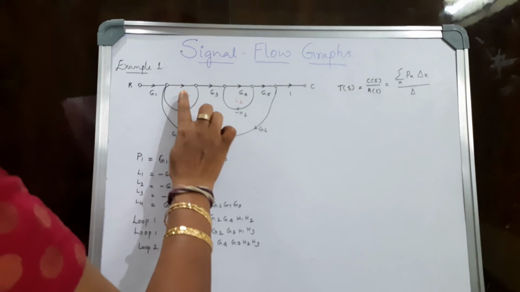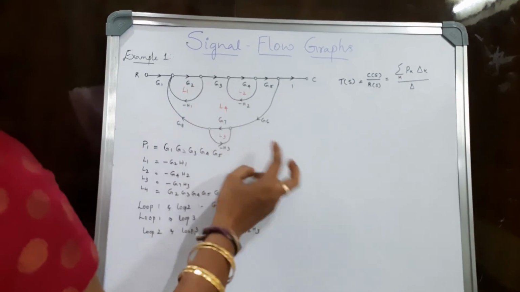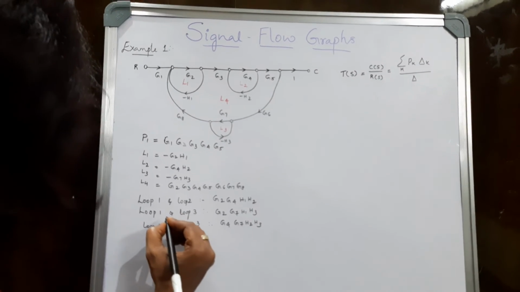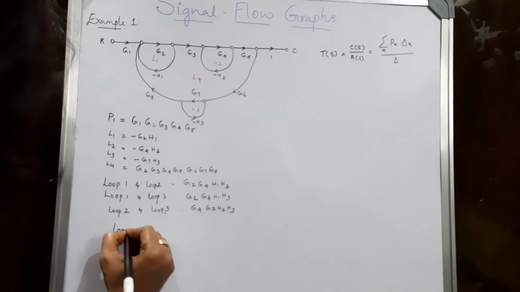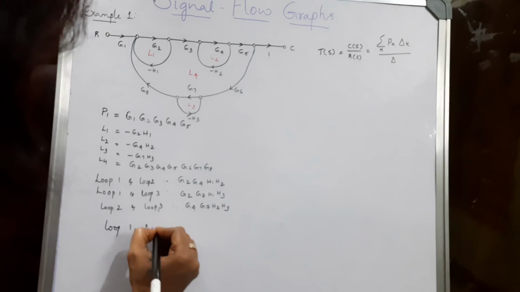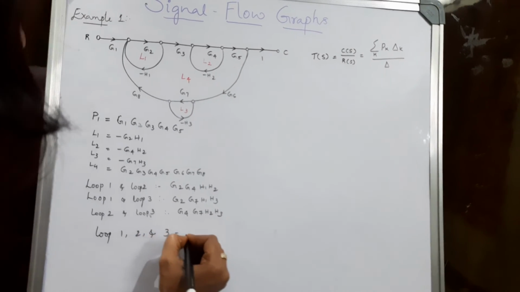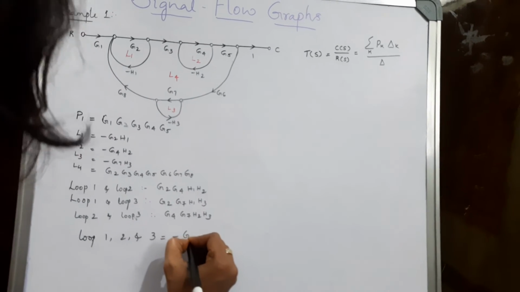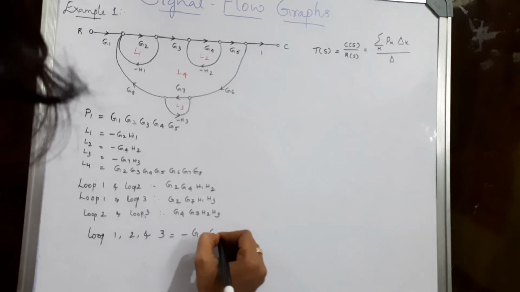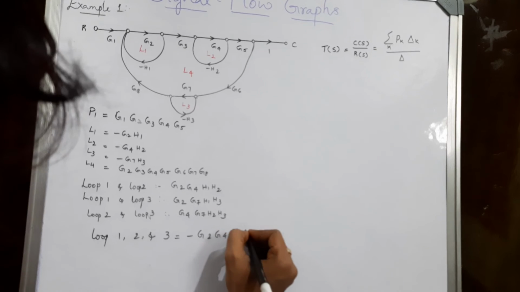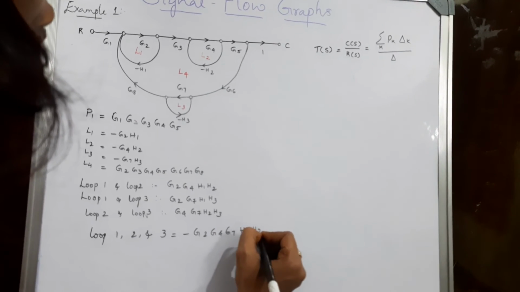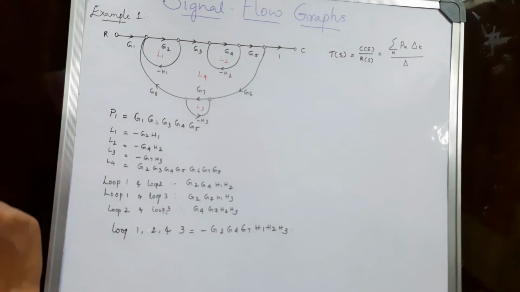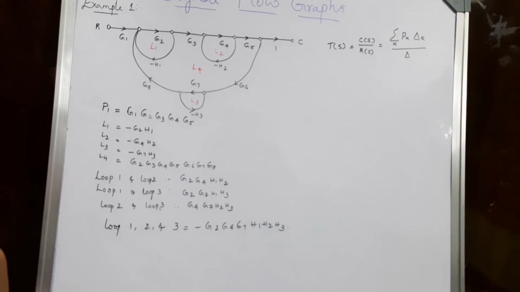Hence I have one combination of non-touching loops taken 3 loops at a time. So that will be loop 1, 2 and 3. So the product of all these will be minus G2, G4, G7, H1, H2, H3. This is how we determine the combination of non-touching loops.